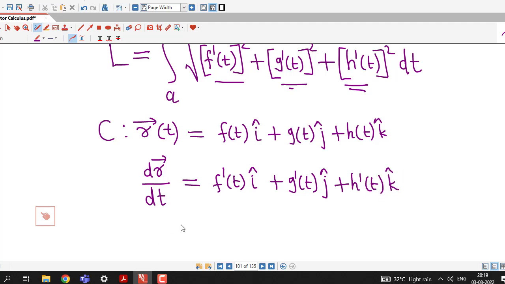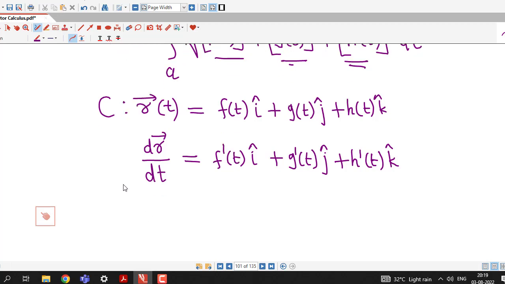We can rewrite this as r bar dash t also.